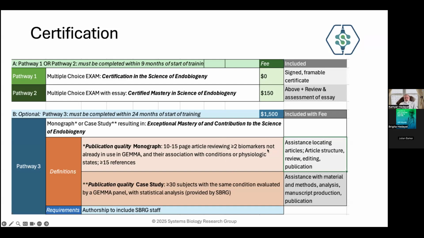The reason for the fee is that myself and other members of our scientific department will closely work with you and assist you in finding the articles, in structuring your review or structuring your retrospective or prospective study, and providing the statistical analysis to help you prepare a manuscript for publication.